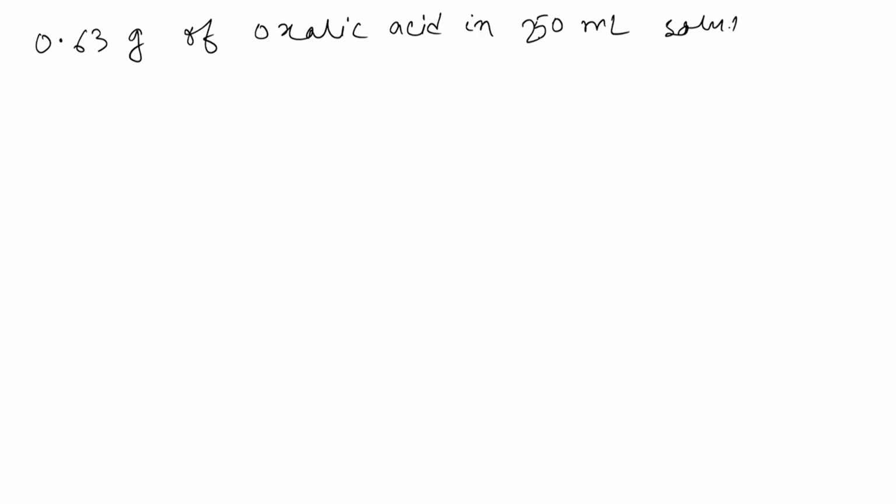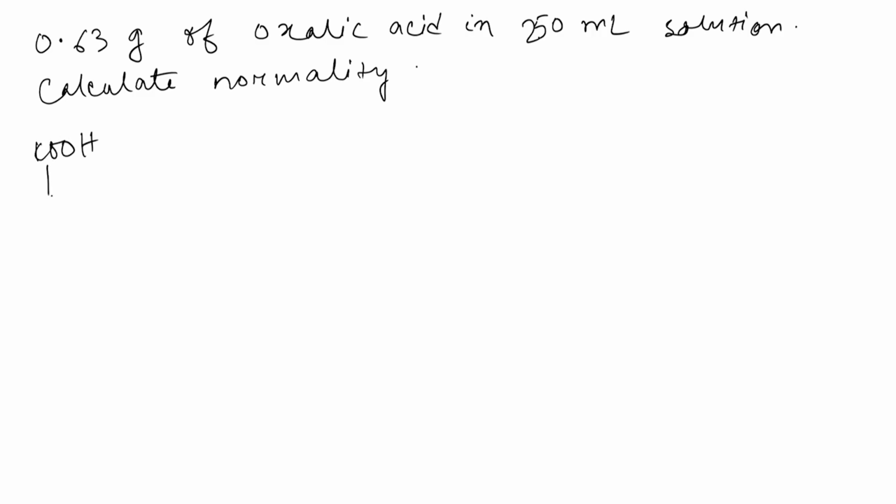So we will end with one small example. If we have 0.63 gram of oxalic acid in 250 ml solution, calculate normality. Okay. So oxalic acid is this.